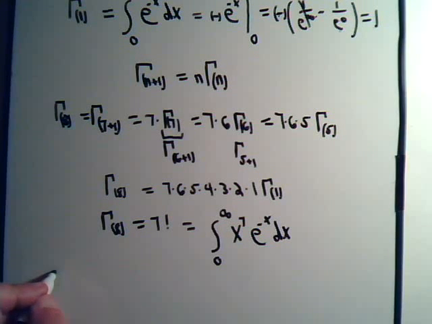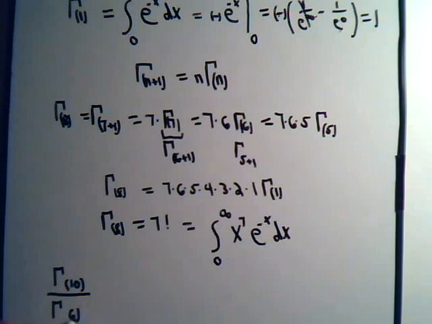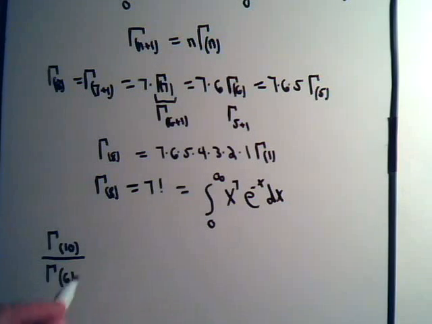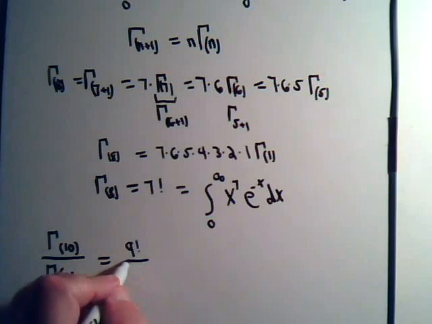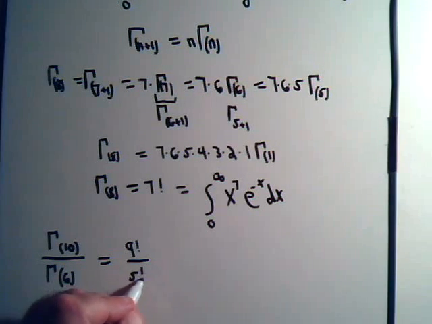If we had, say, the gamma function of 10 divided by the gamma function of 6, well, that would just be equal to 9 factorial divided by 5 factorial.